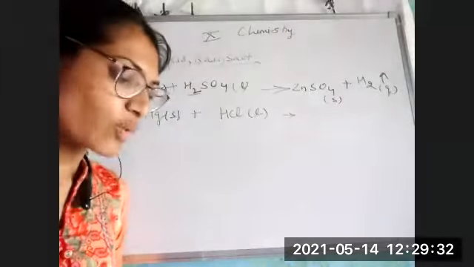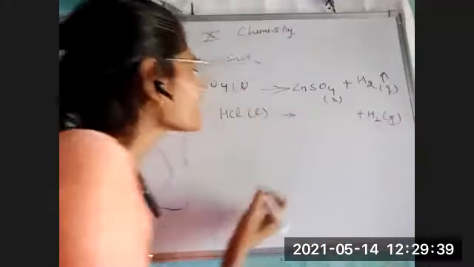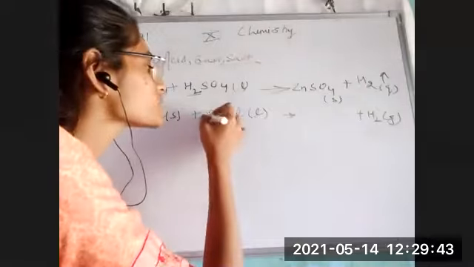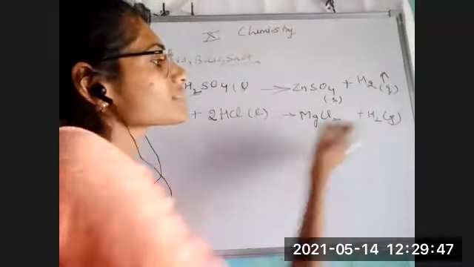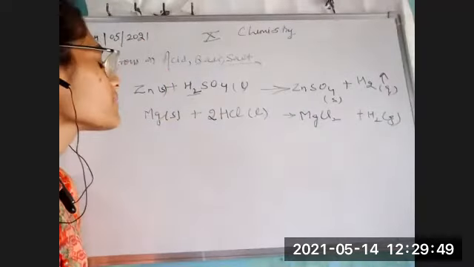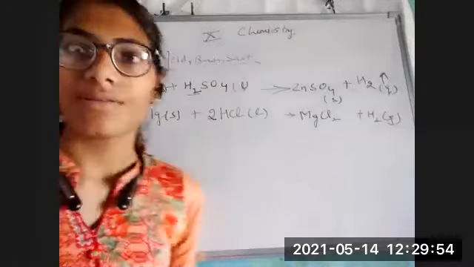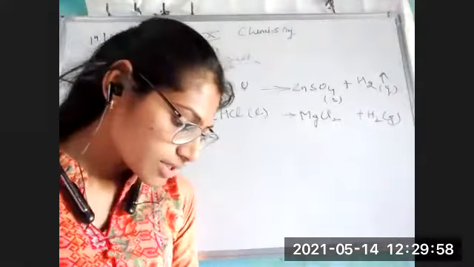So H2 gas would be released definitely, and if H2 gas is released, that means there should be 2 moles of HCl and magnesium chloride. So this is our balanced equation: magnesium is reacting with 2 moles of HCl.